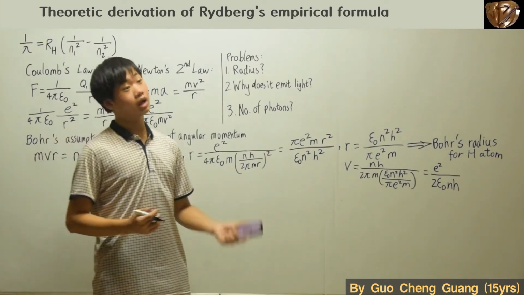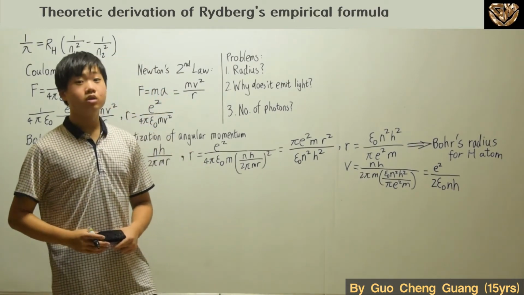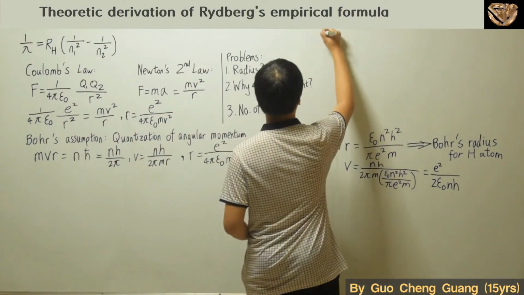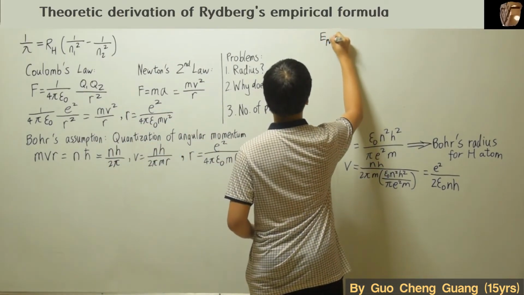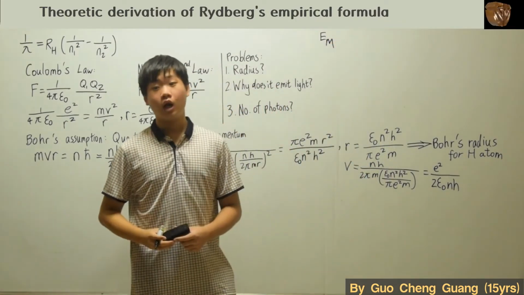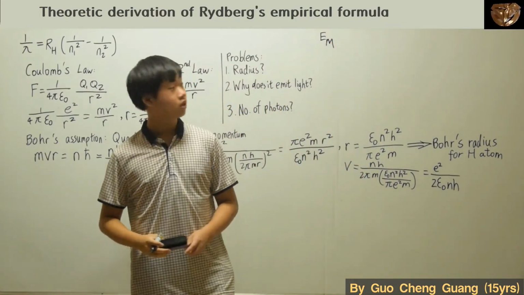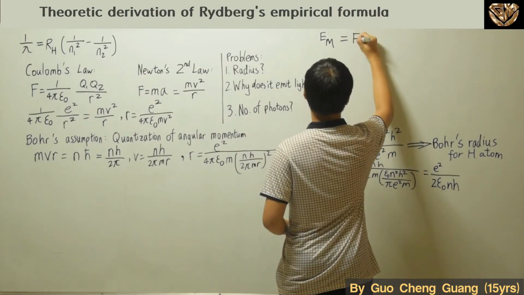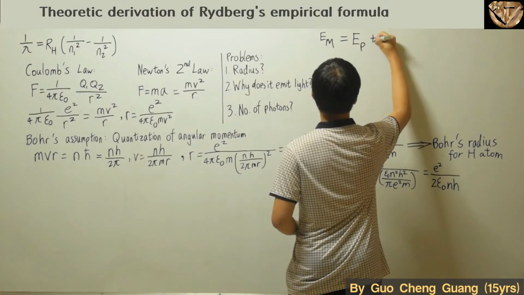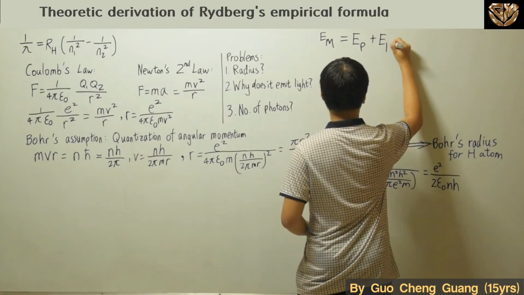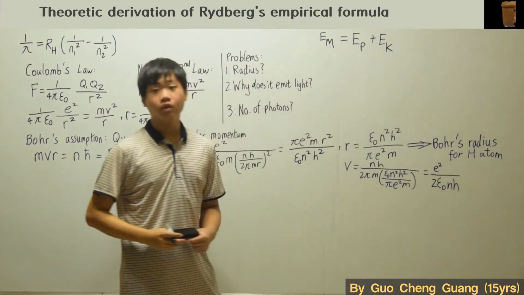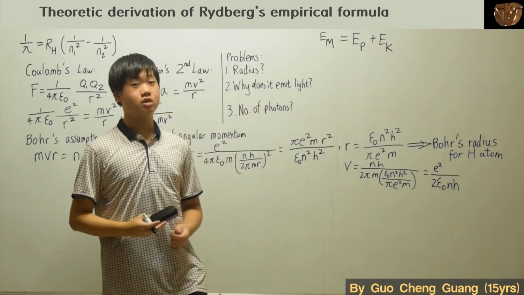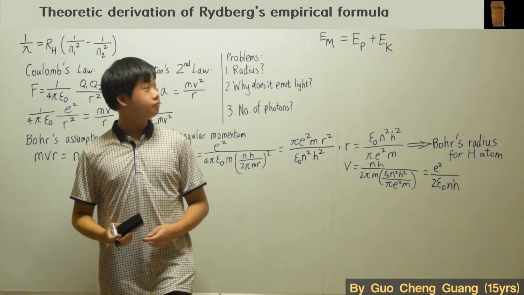Now I'm going to show you why you would need this part. Let's say you were to calculate mechanical energy. How are you going to calculate it? You are going to calculate mechanical energy with potential energy and kinetic energy, right? Yes, you are going to need both of them. So how do you find each of them?